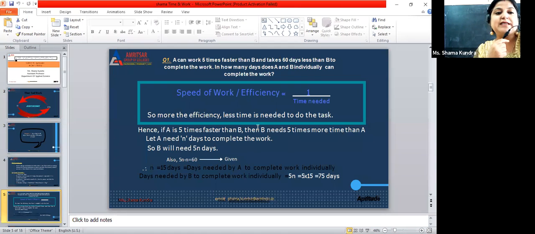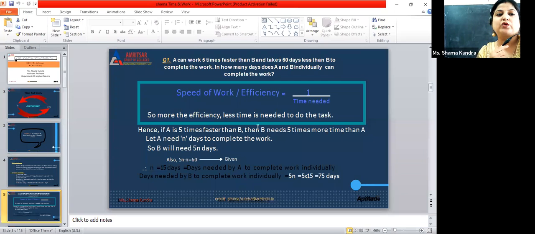So let us assume that B takes n number of days to complete the work. Then the same work is completed by A in how many days? n minus 60. If B is taking n days, then A will take n minus 60 days according to the given condition.